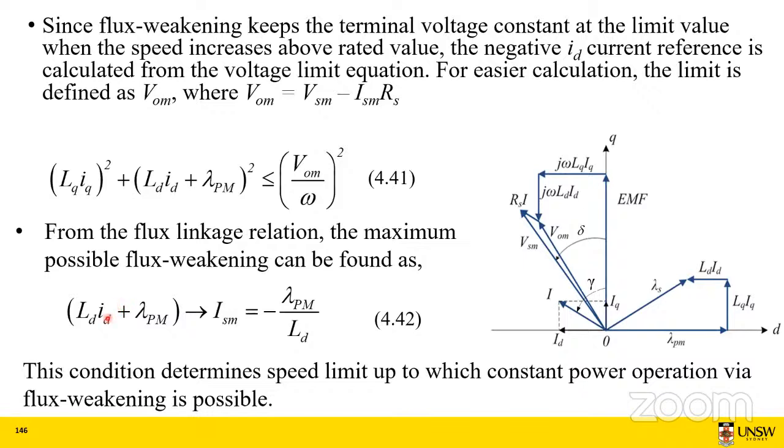And that means if in that limit the ID current becomes equal to our rated current, then that is the maximum theoretically possible ID current for a maximum theoretically possible flux weakening. And this current is known as the characteristic current, which can be quite easily calculated by dividing lambda PM by LD.